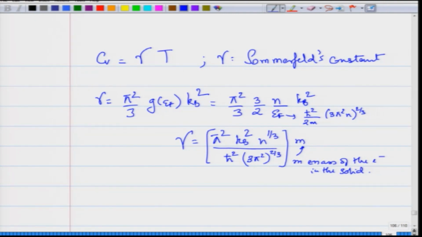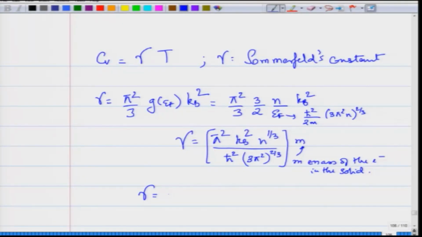So, the Sommerfeld's constant depends on the density as well as the mass of the electrons inside the solid. This is a function of the density and mass of electrons in the solid.